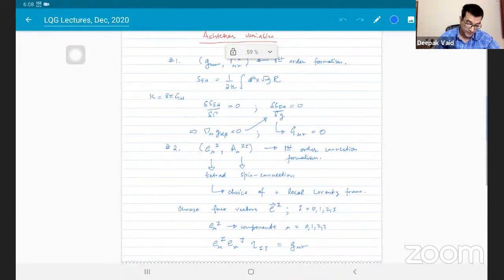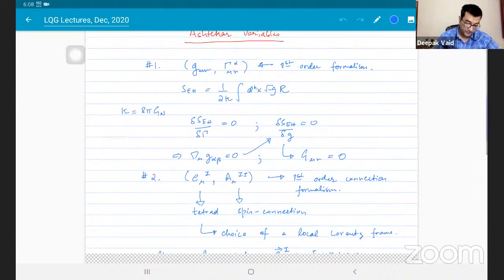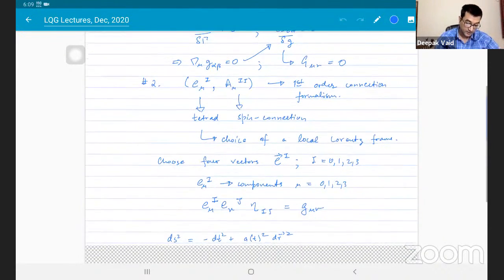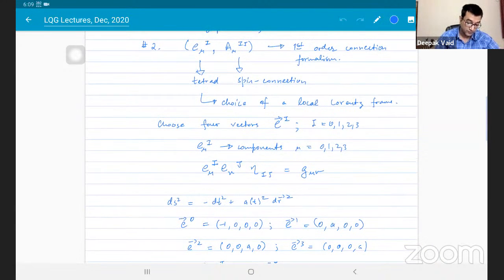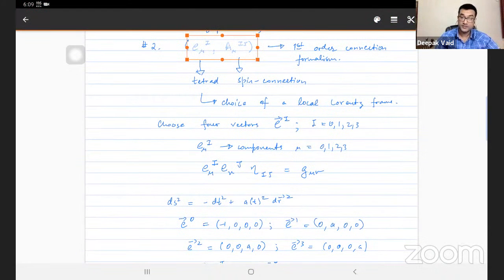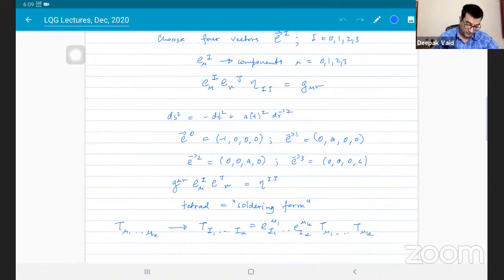Then we finally reached gauge theory, and I started talking about the first order formalism of gravity, and introduced these two concepts of a gauge connection and a tetrad. A tetrad is this soldering form.